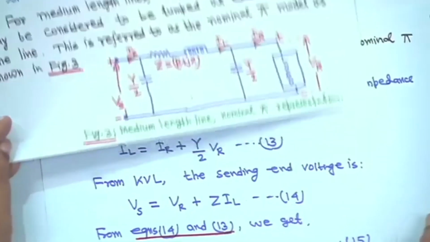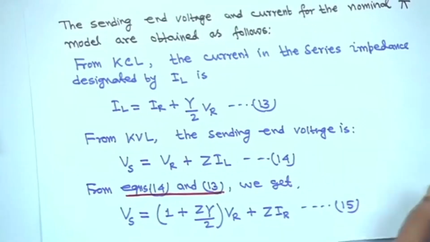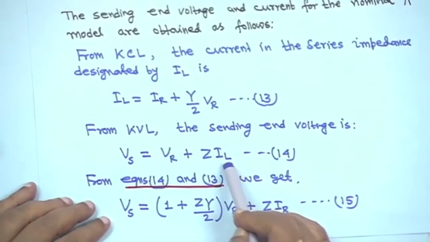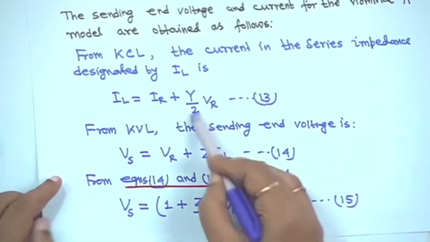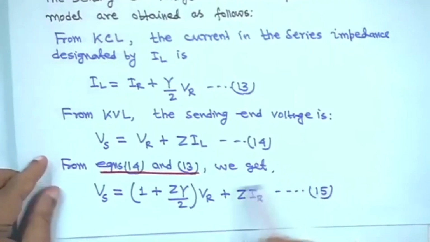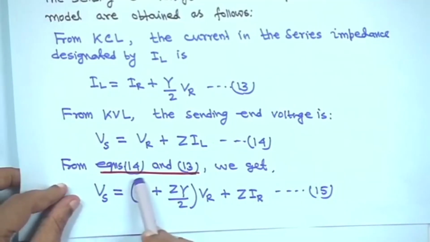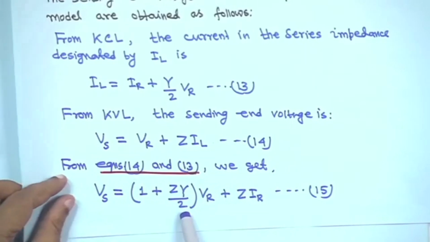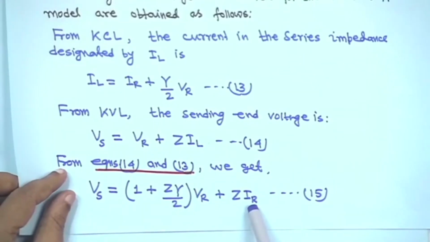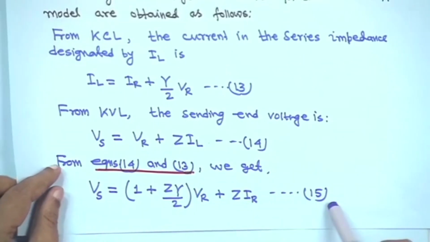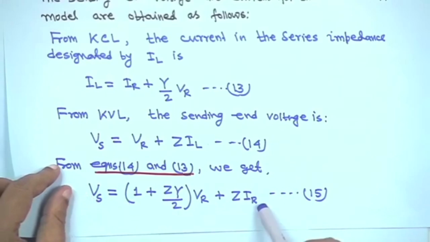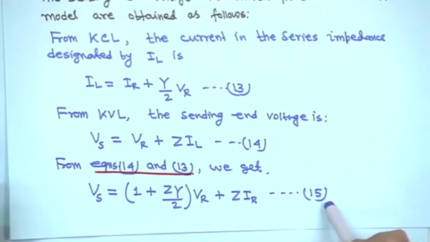Now you substitute the expression for IL here. From equations 14 and 13, we get Vs is equal to (1 plus ZY upon 2) Vr plus Z into IR. This is equation 15, which relates the sending end voltage with Vr and IR.